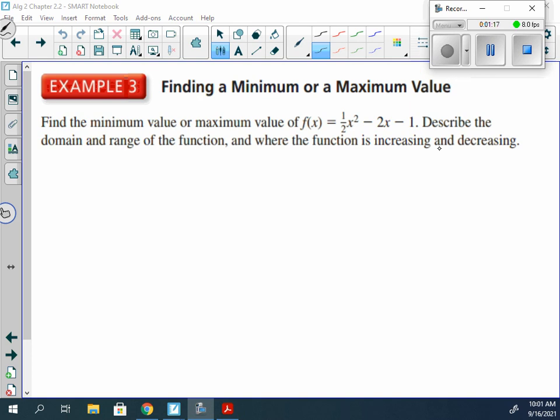Now we got pretty much all the way through this problem here, yes? Because yesterday we talked about the fact that this is a minimum, and the minimum value for this function was, I remember from yesterday? Negative 3.